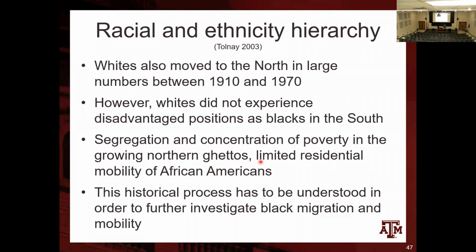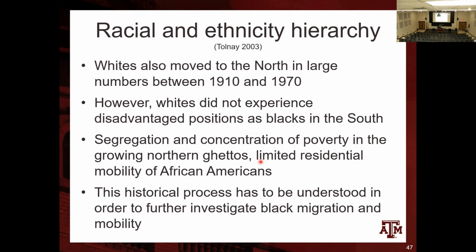So African Americans who moved to the north, on average, already had lower socioeconomic status compared to whites that also moved from the south to the north. And when they got into the north, they found habitation and places to live in areas that had worse conditions overall, right?